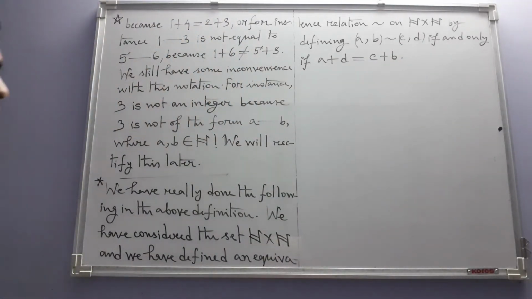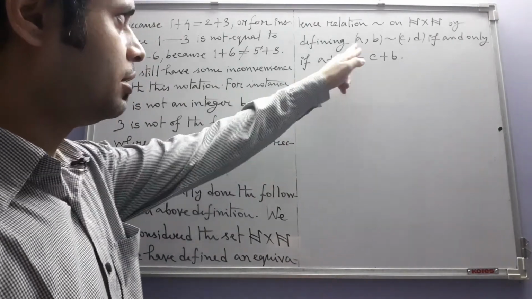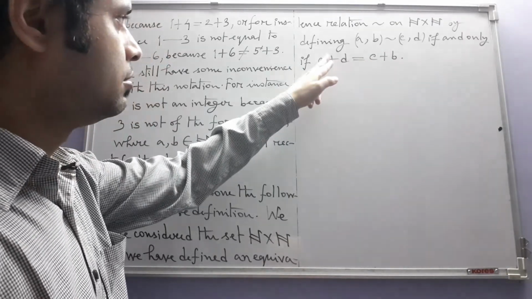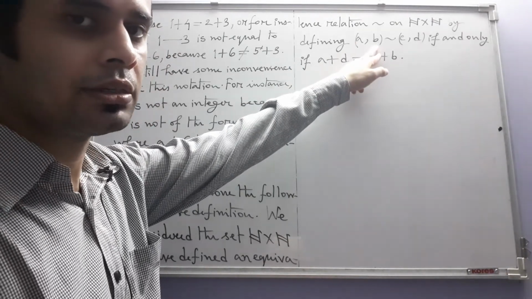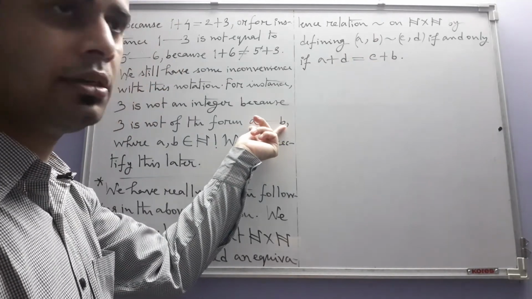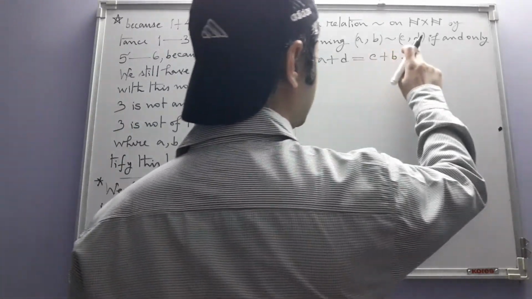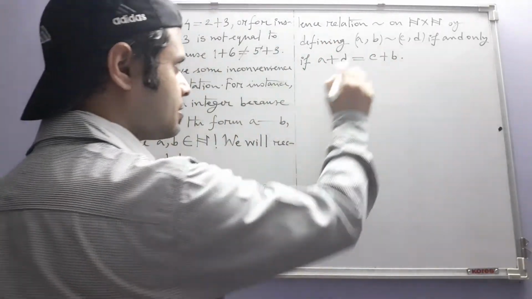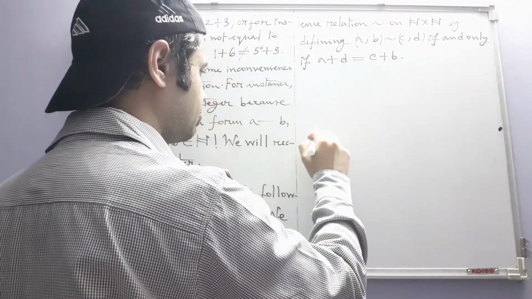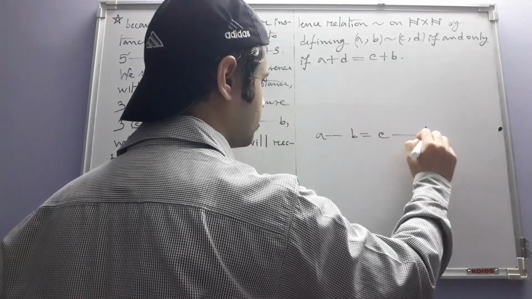You can see that instead of writing this symbol, we are writing this symbol, an ordered pair, which is something we already have in our set theory. We don't have to bring in something new from outside. And this equivalence relation is what we have called equality of two integers.